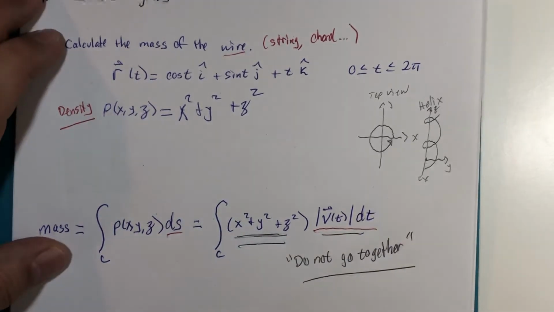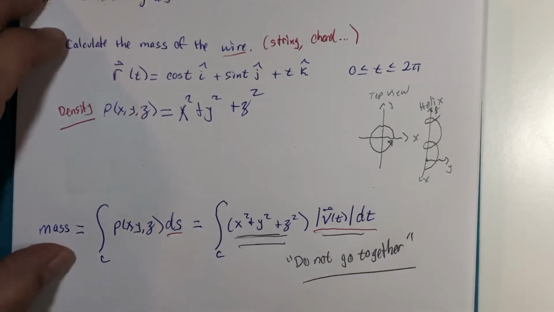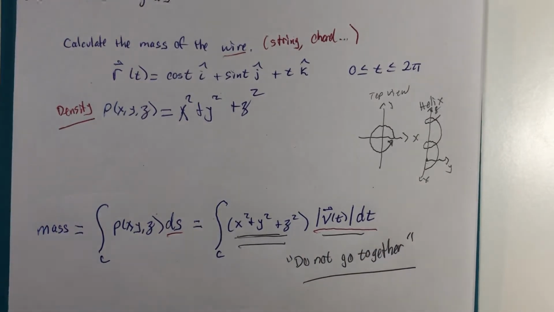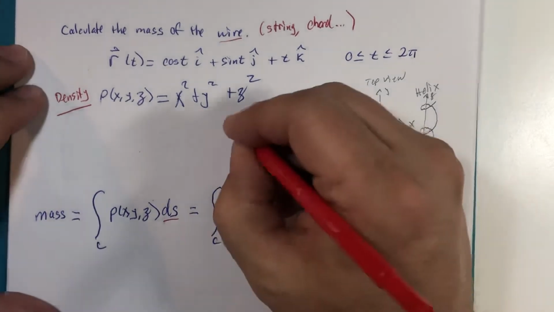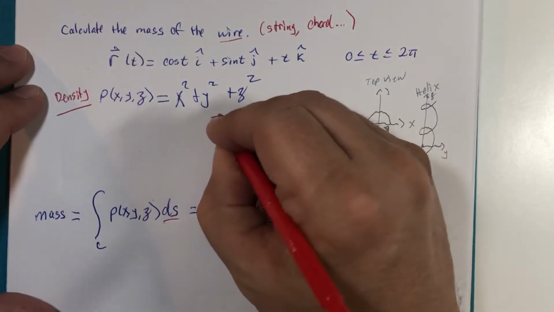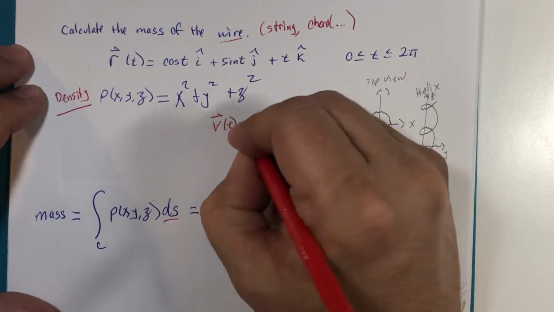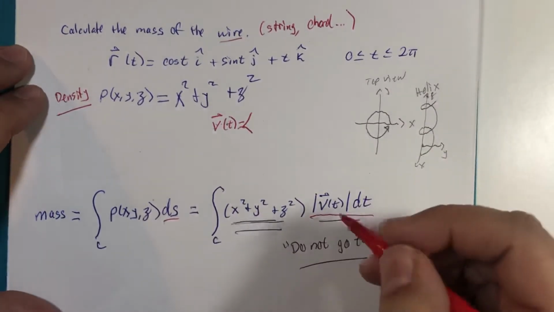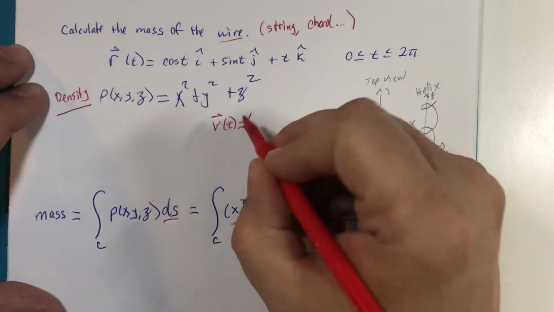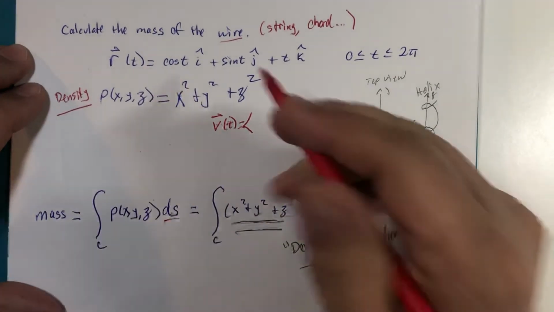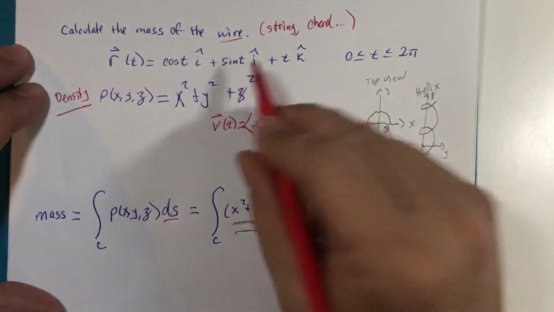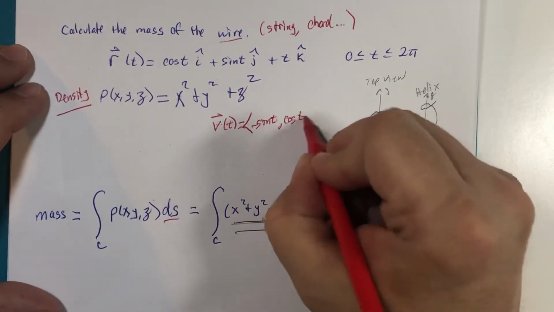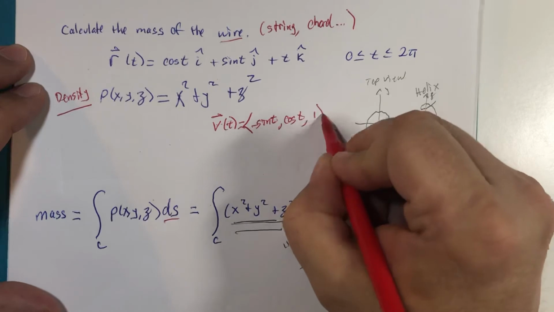Well, the right half has to do with the velocity vector. I'm going to convert back to component form because it takes less space on my paper. That's negative sine t, and the derivative of sine is positive cosine t, and the derivative of t is 1.